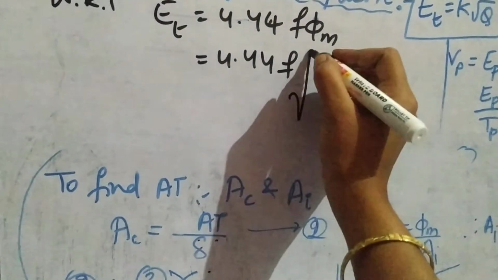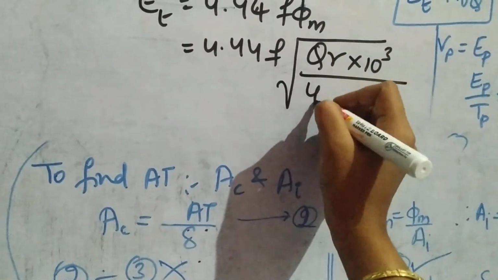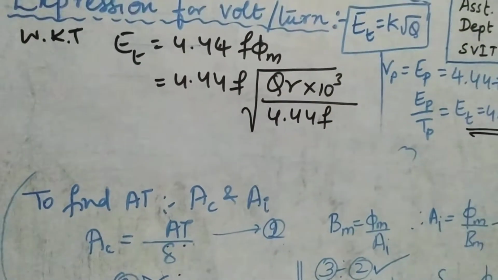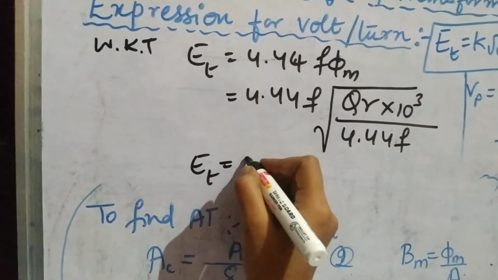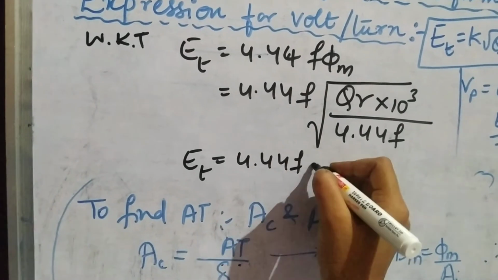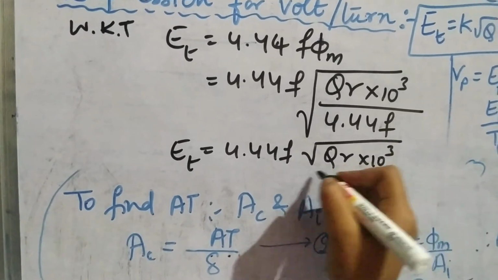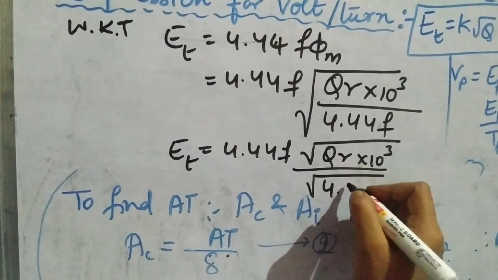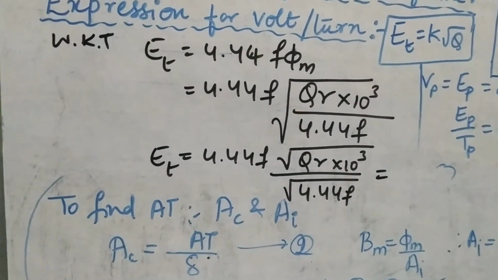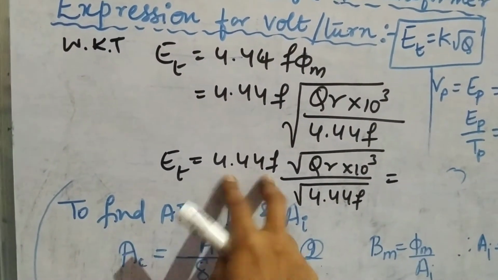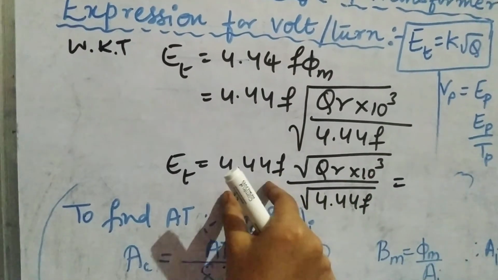Square root of Q into R into 10 power of 3 divided by 4.44 F. Again ET is equal to 4.44 F, and here we can write it as Q into R into 10 power of 3 divided by square root of 4.44 F. Let me consider this term as A. A divided by root A is nothing but root A.